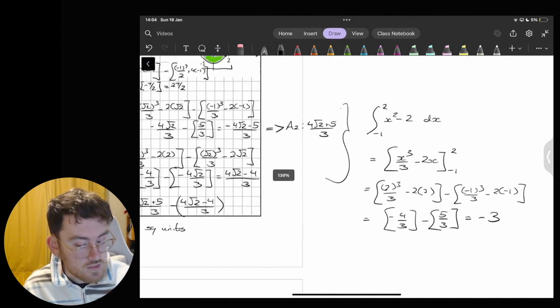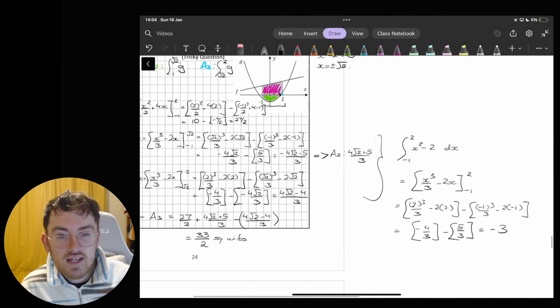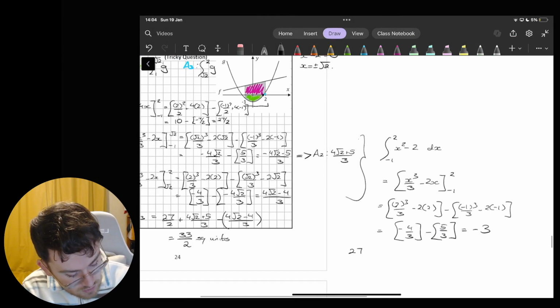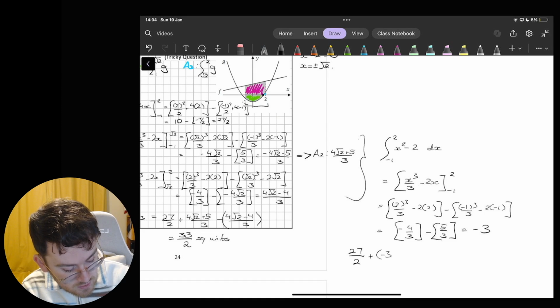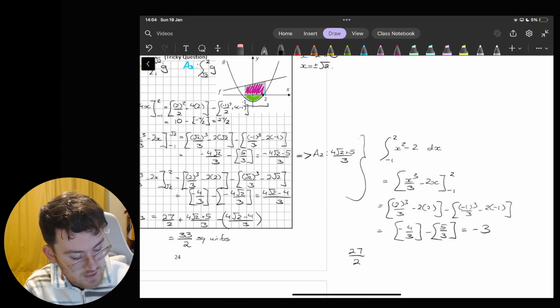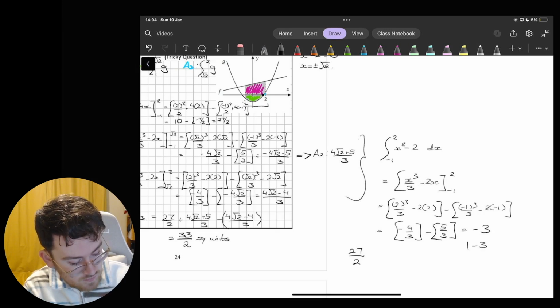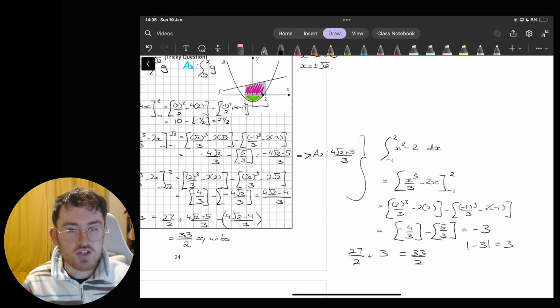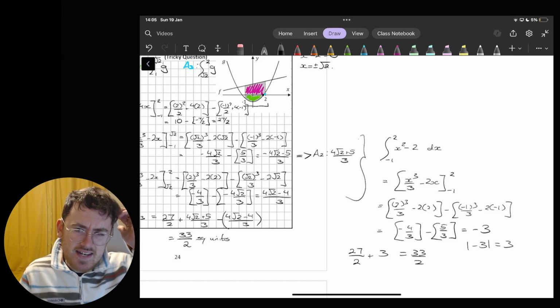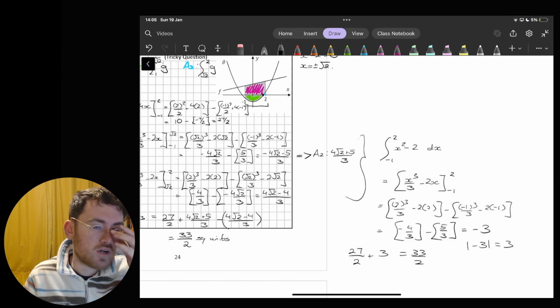So I suppose really here, my 27 over 2 plus the -3, I would need to take this positive value from -3 and add that on. And that would give me my 33 over 2. So in the end, it does end up working out the same way.